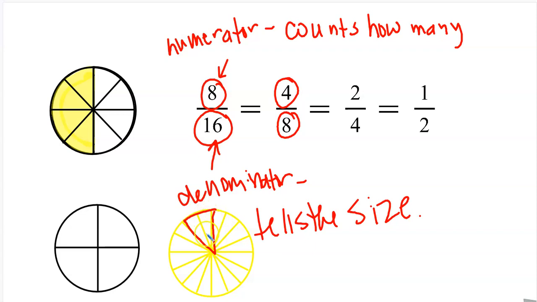So now I have piece sizes that are 1/8. So I took 2 16ths and I glued them together and I made one size pizza piece that's 1/8. So what I'm doing is I'm dividing by 2/2. Divide the numerator by 2 and the denominator by 2.